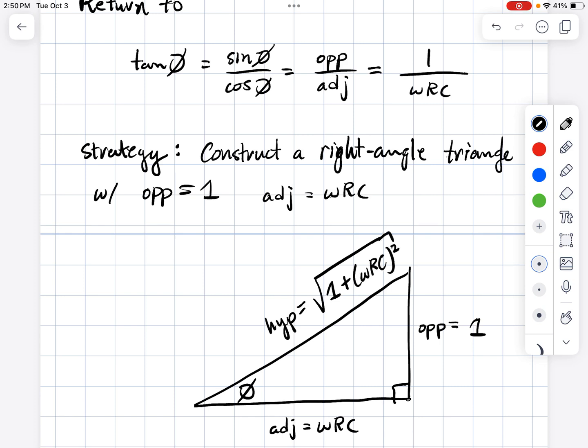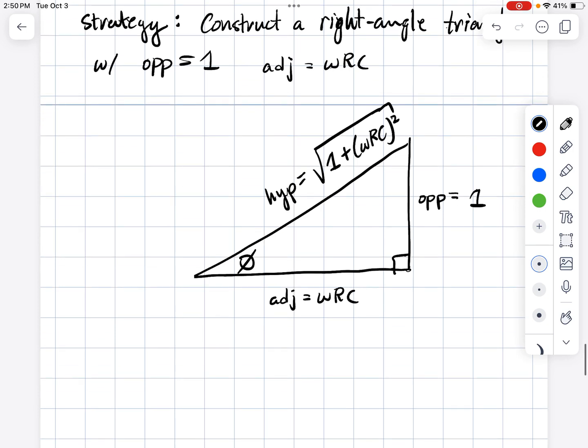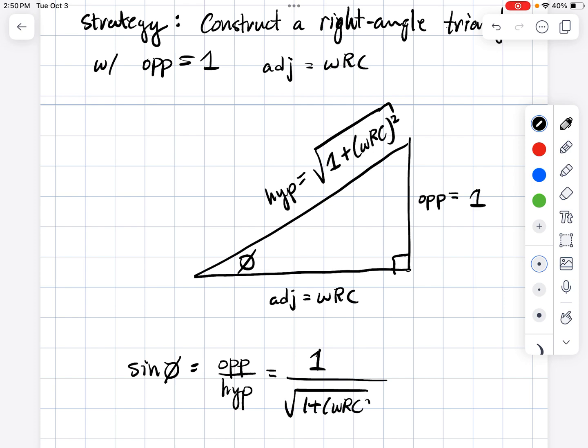Okay, so that's just a requirement of a right angle triangle, but the nice thing about this is now we can say sine of phi is, SOH, opposite over the hypotenuse. The opposite side is 1, and the hypotenuse is the square root of 1 plus omega RC squared.